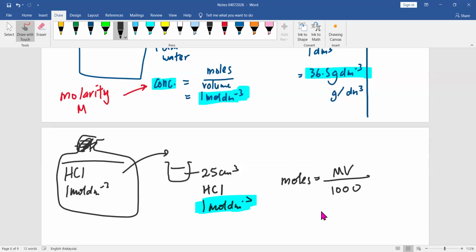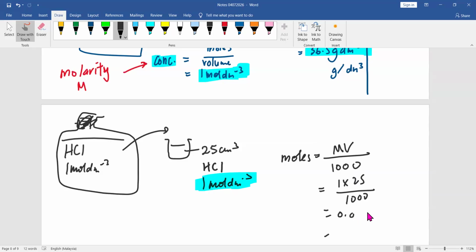Okay, can? So M, molarity is what? V is 25 over 1000. So it's 0.025 mole. Can you understand? You get it?